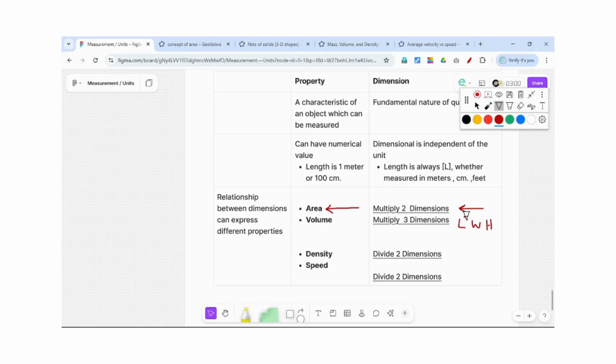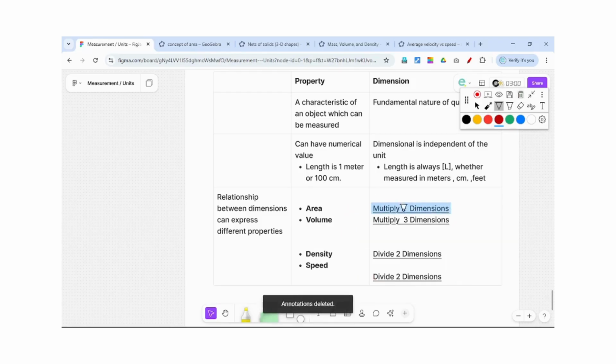We multiply length, width and height, three dimensions, we get the concept of volume. Or we are dividing two dimensions, say mass divided by volume, we get density. Distance or length divided by time, we get the concept of speed.